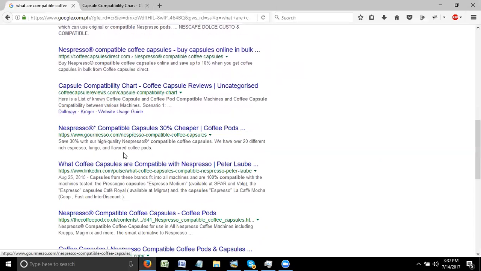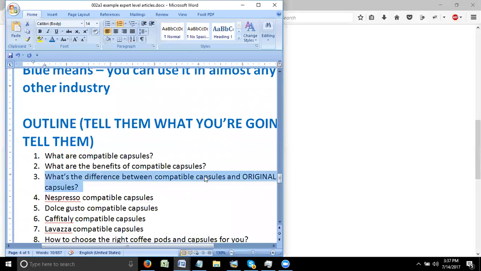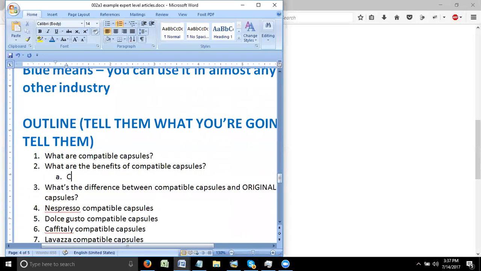Now I'm seeing some things here as I'm reading the website, and one of the things that caught my eye is that the compatible capsules are cheaper. Now the number might change. It might be 20% cheaper, 30% or less, or 10%. Now that's going to be variable, but it gives me an idea that that's one of the benefits. Compatible coffee capsules are cheaper.